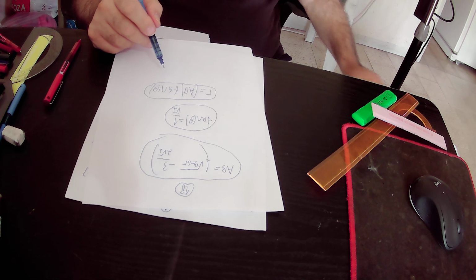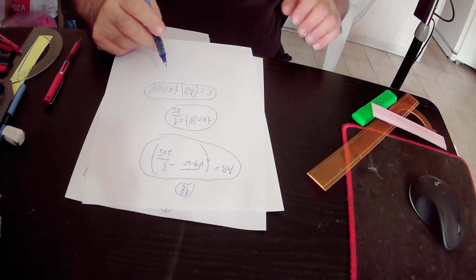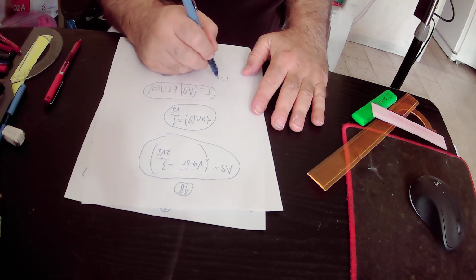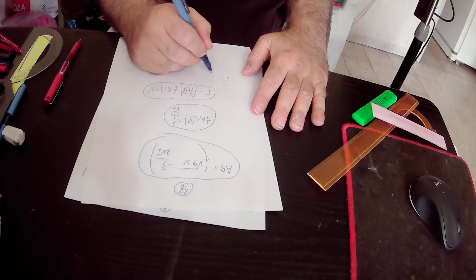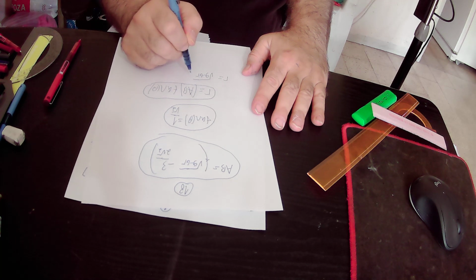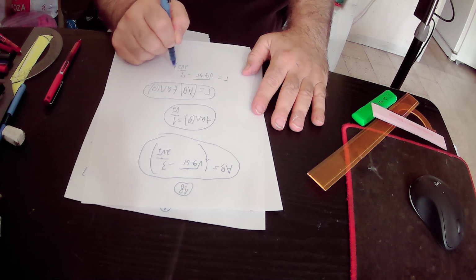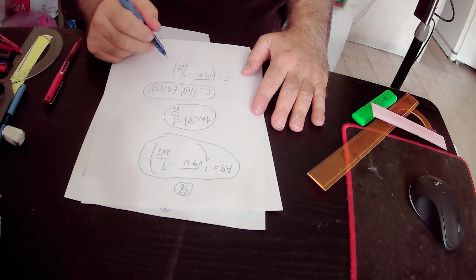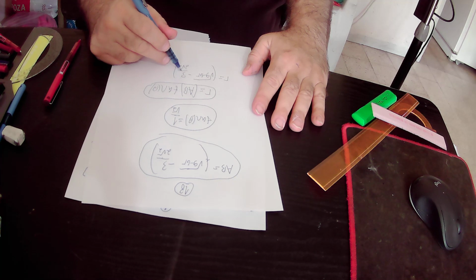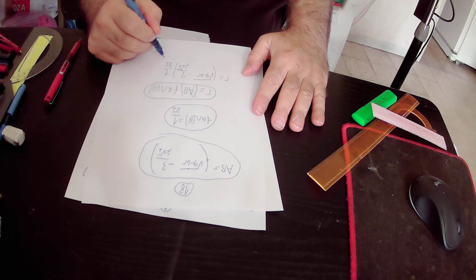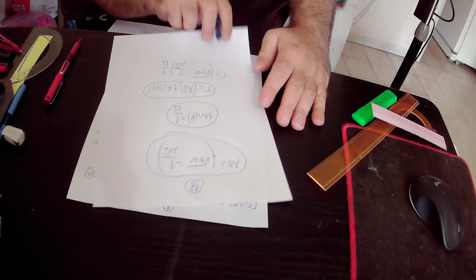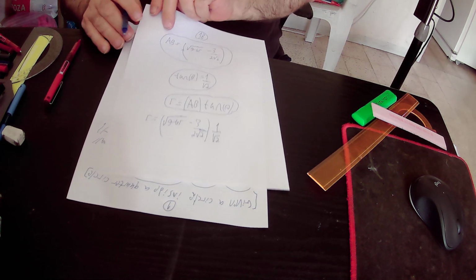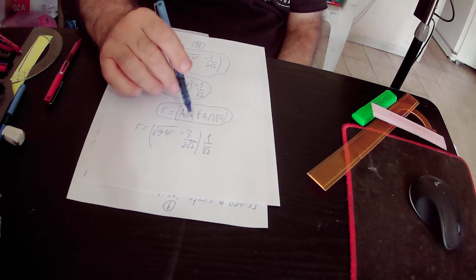In this way we'll find out the radius of the small circle. So the radius of the small circle equals the root of 9 minus 6r minus 3 over 2 times root 2, times 1 over root 2. So the radius of the small circle equals this expression.